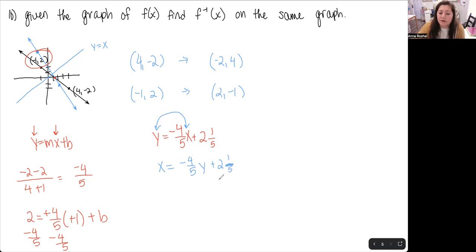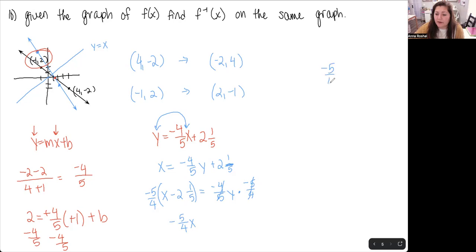And then I would get y on its own. So subtract 2 and 1/5, so x minus 2 and 1/5 equals -4 over 5 y, and then multiply this whole side by -5 over 4. Yikes. Okay. So -5 over 4 x. This is what, -11 over 5.